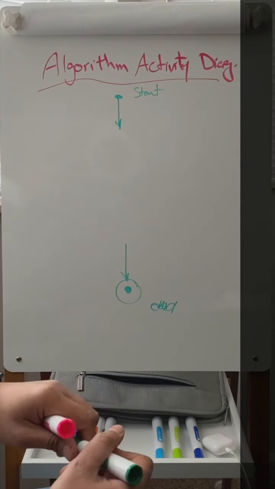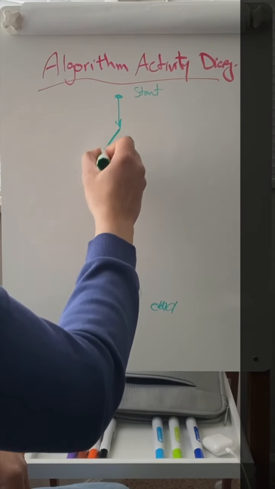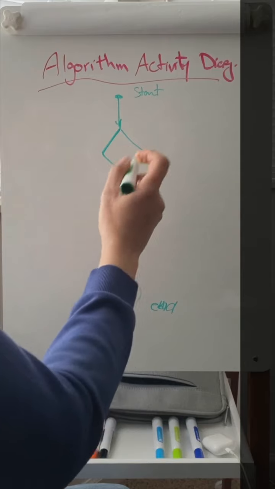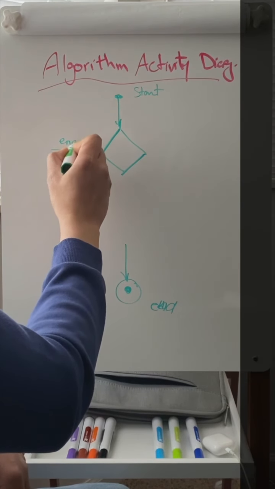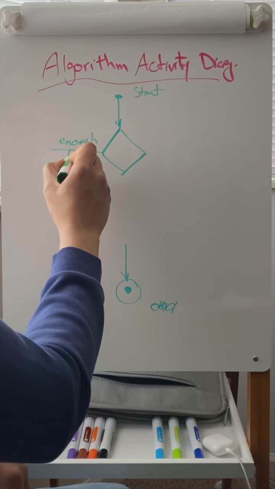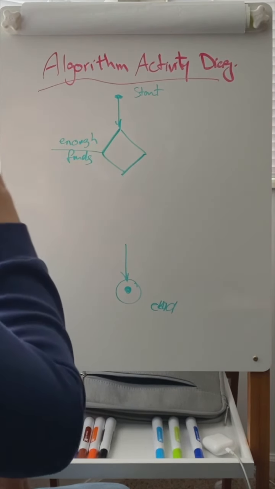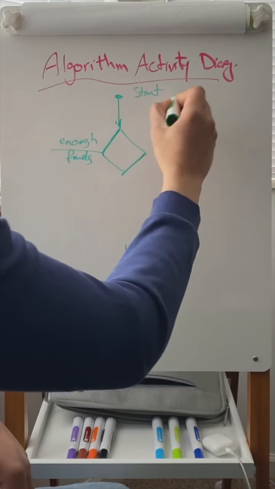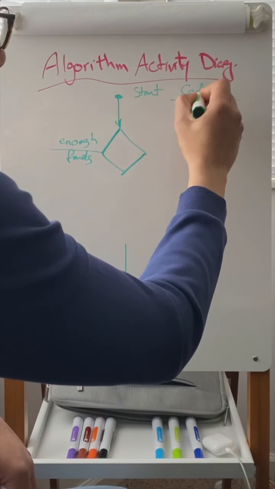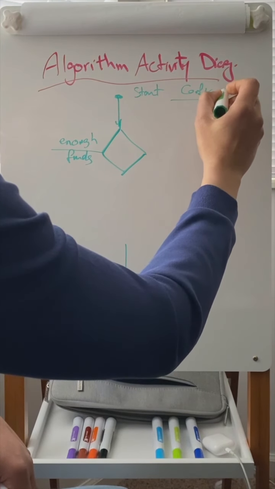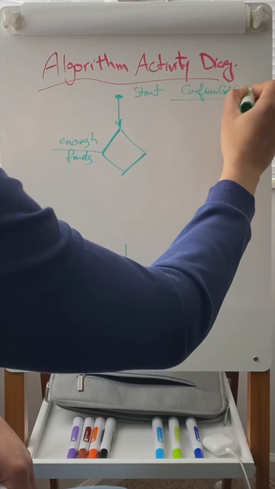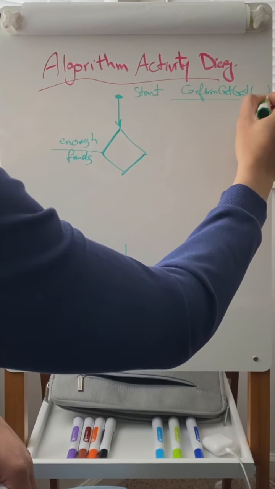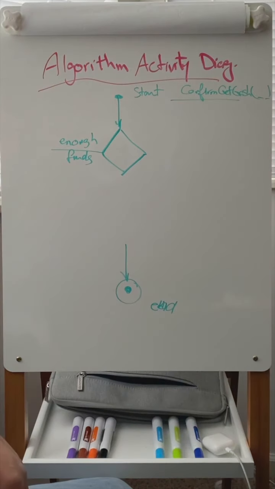So you start with this, and okay, I'm confirming it. Do I have enough funds? And give it a title. So I'm doing this for confirm get cash. And these are the parameters that you can get from the system sequence diagram.